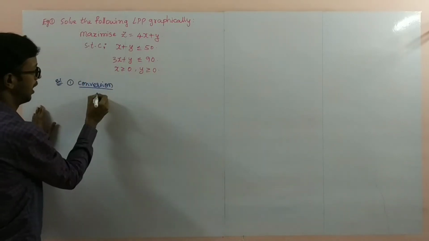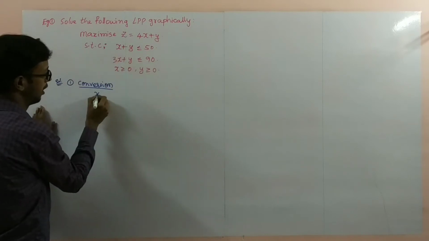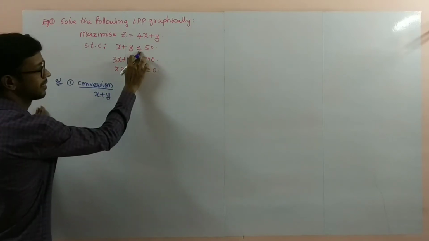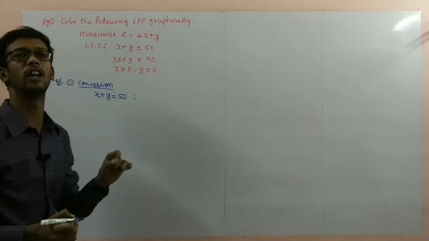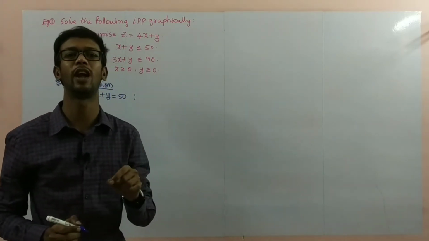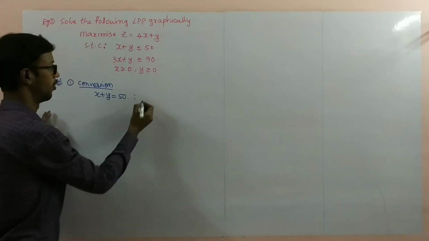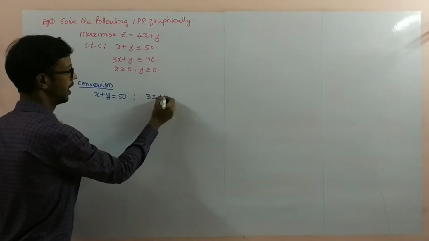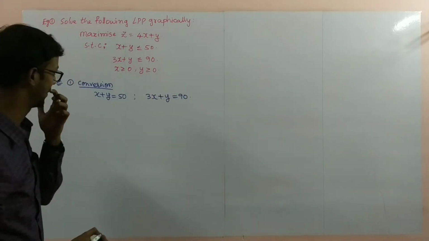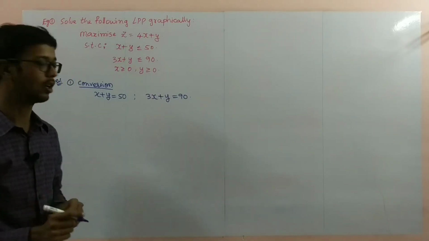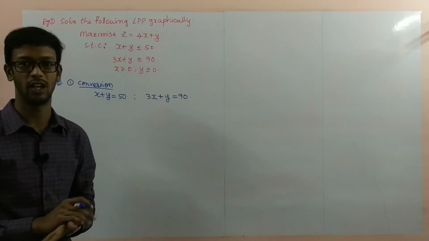So now you take the inequality x plus y less than or equal to 50, and convert it into the equation x plus y equal to 50. Then 3x plus y equal to 90. So now the equation conversion is completed.